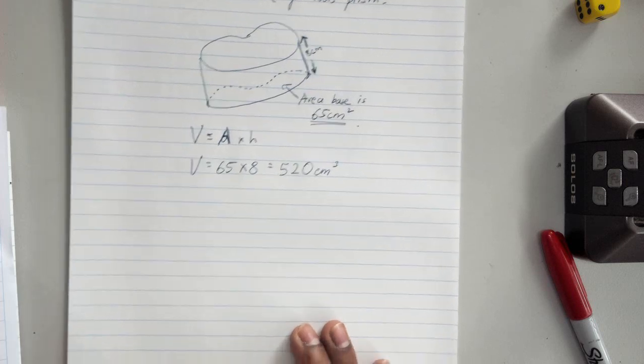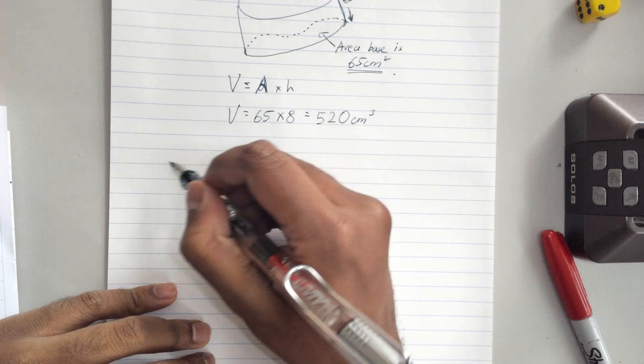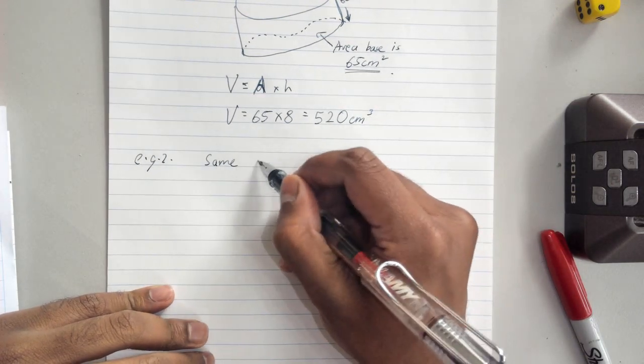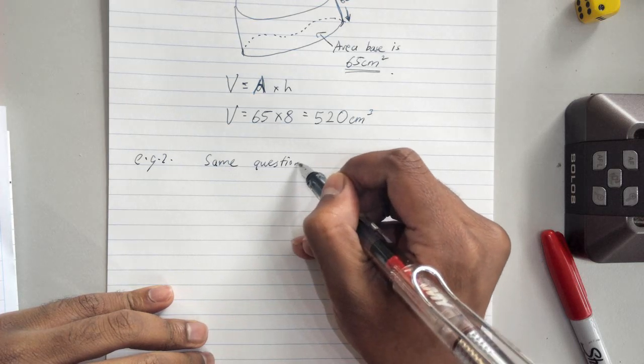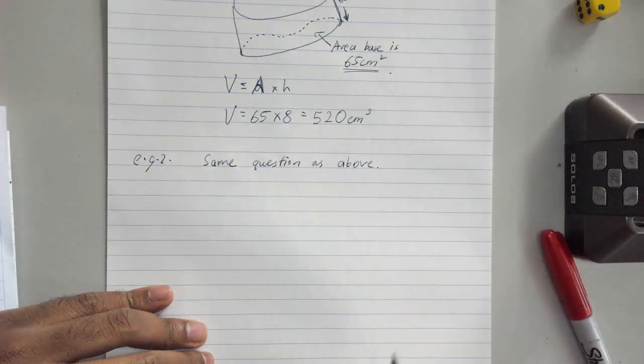What about if we get a rectangular prism? Okay, so example 2, same question. So find the volume. Same question as above.